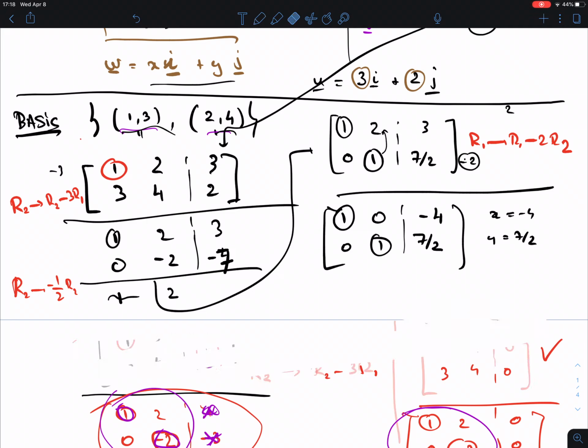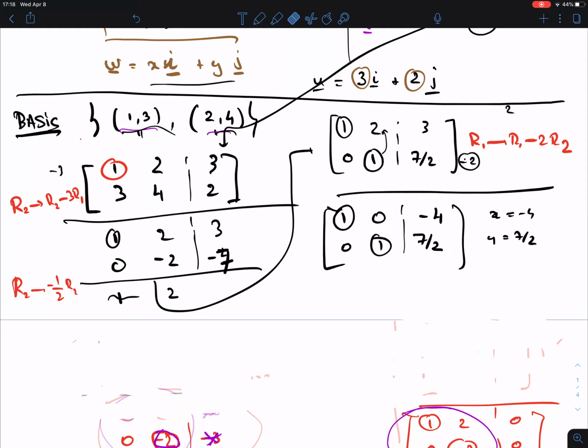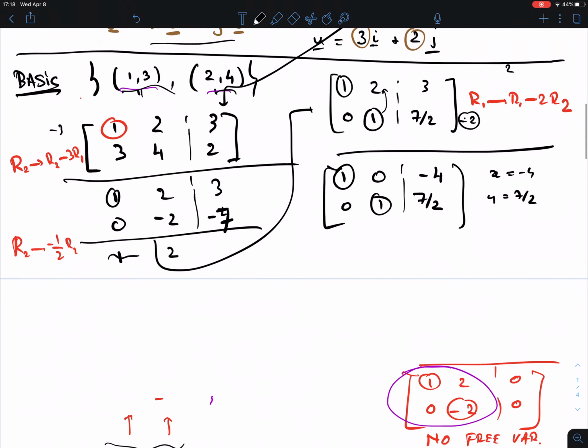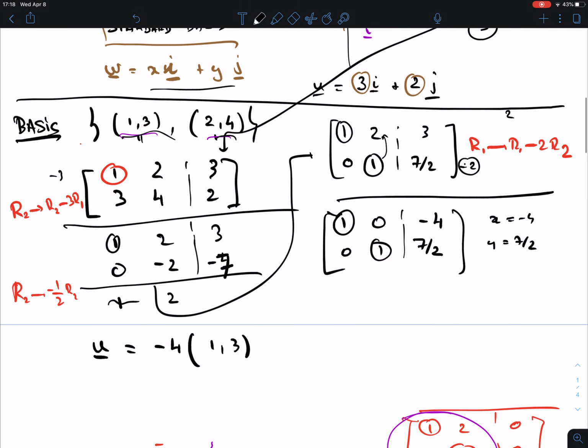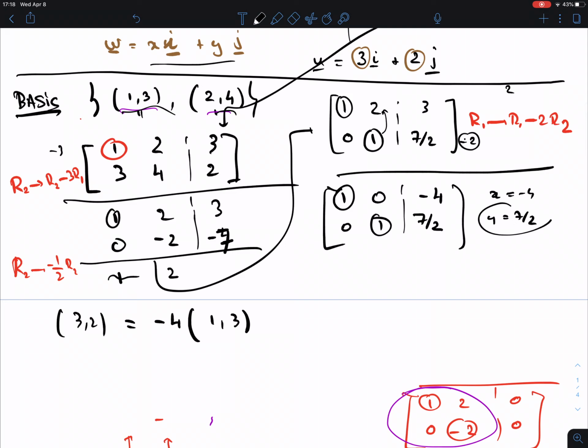These are the coefficients in my linear combination, namely the vector u, which was the vector (3, 2), is -4 times the vector (1, 3) plus 7.5 times the vector (2, 4). And we can now easily check whether this is true.